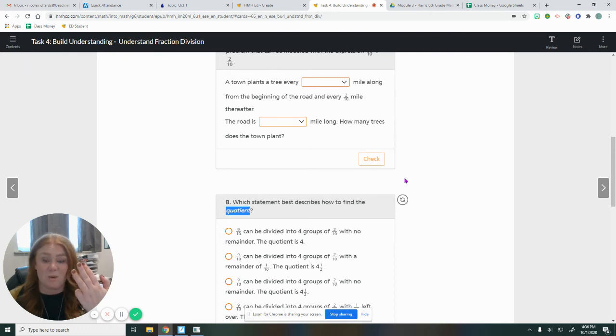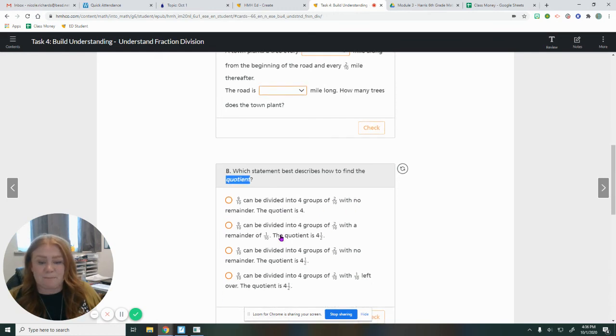So then I know I've got 1 out of 2 left over. So 9 can be divided into 4 groups of 2/10 with no remainder. Oh, we know we have 1 left over. So we know it's not this first one. Okay, we know 9/10 can be divided into 4 groups of 2/10. So we know that, with a remainder left over, 1 more piece.